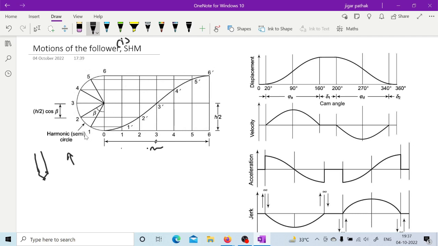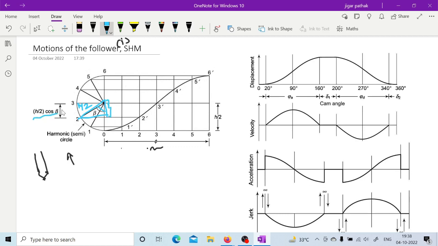So in this triangle, if you see, this is the radius, and as we have discussed, this is h by 2, because the full follower travel during the outward stroke, h, is taken as the diameter, so the radius is half of it. Here you have this angle beta, so this particular distance is nothing but h by 2 cos beta.